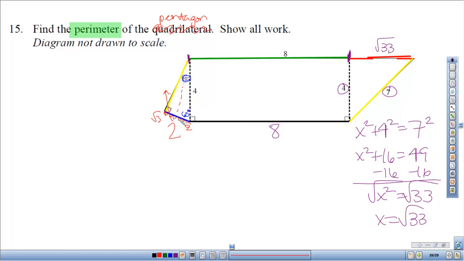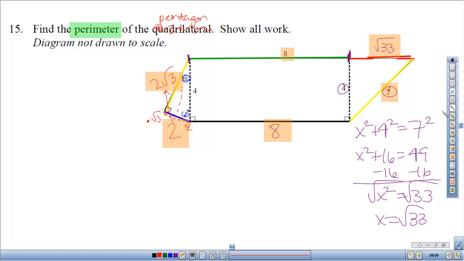Well, that yellow side is bigger than that blue side, so it's bigger, and that means I'm going to multiply by square root 3, and that means it comes out to be 2 square root 3. Okay, so the last thing I need to do is just take all of those and add them up. I need to add up the 2 root 3, the 8, the square root 33, the 7, the 8, and the 2, and I'll get my whole answer.